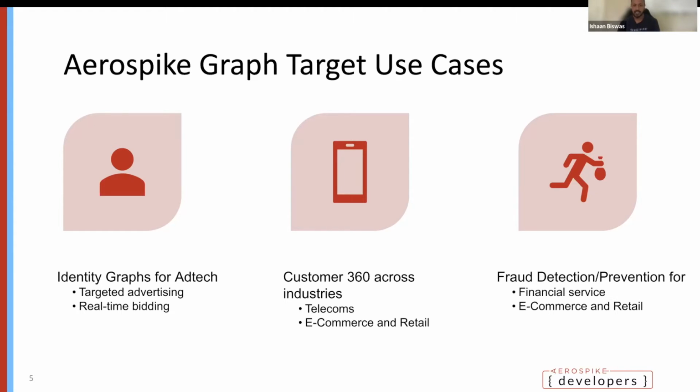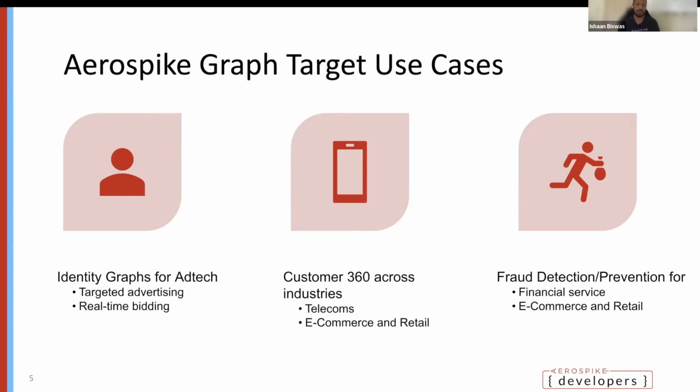So that's a very natural use case for graphs. Similarly, doing customer 360 across industries, whether it's any large enterprise, really, whether it's a telco or an e-commerce or a retail operation, a graph might be a good fit.